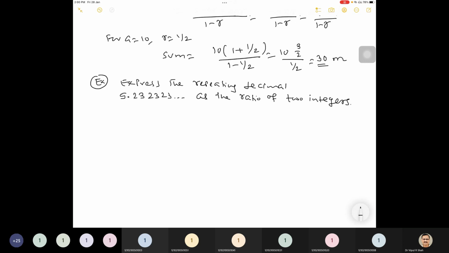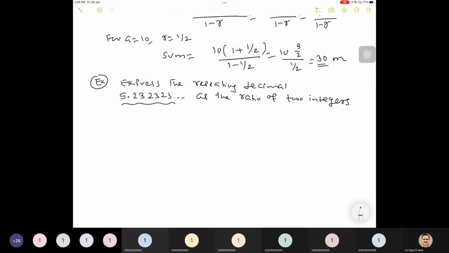Why can you express this? Is this a rational or irrational number? Irrational. Okay, do the Google. It was in your 9th standard or 8th standard.